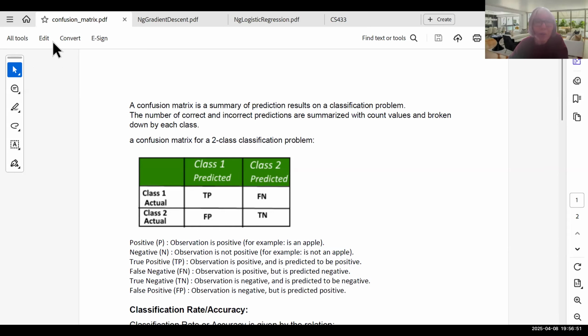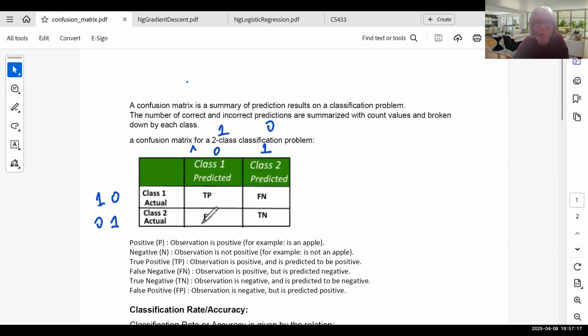So what is a confusion matrix? In our case, it's binary class. We have 0 and 1, or 1 and 0, either way. This is the actual, and over here is the predicted.